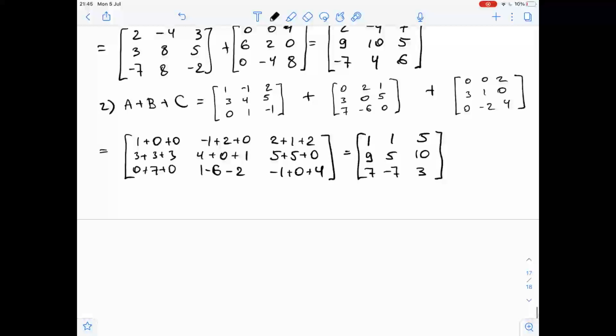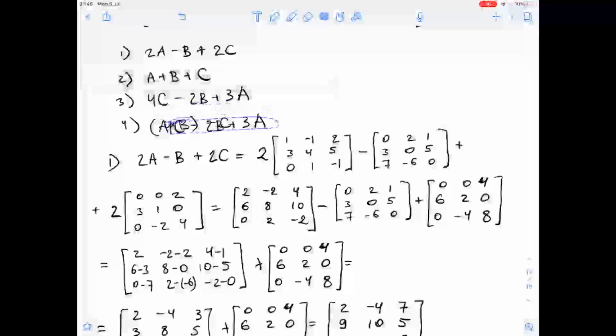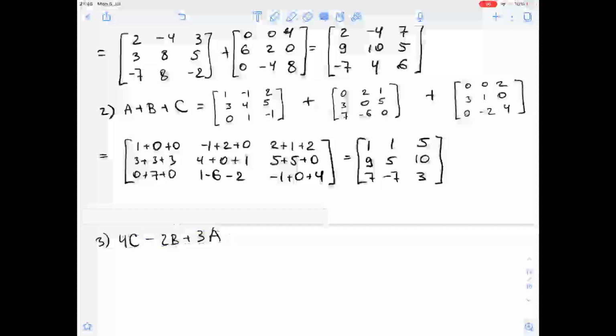Now let's move on to the third part. Here we need to find the result of this expression.